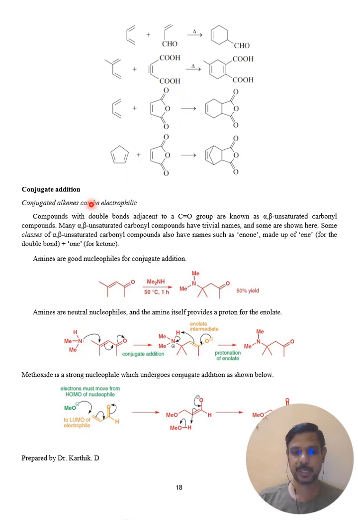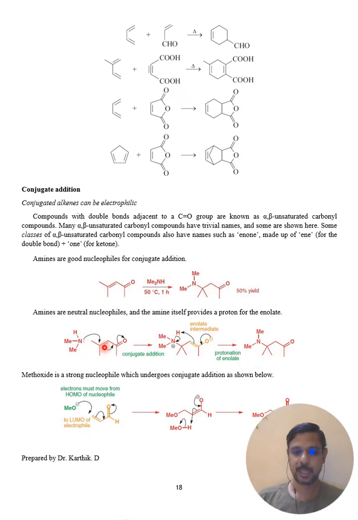And then conjugate addition. Conjugate addition means a double bond which is conjugated with another double bond or a carbonyl group. Here we see the carbonyl group, so we can call this compound an alpha, beta unsaturated carbonyl compound, because the double bond is in the alpha and beta position to the carbonyl group. So when we do addition to this double bond, there will be addition at the alpha and beta positions.